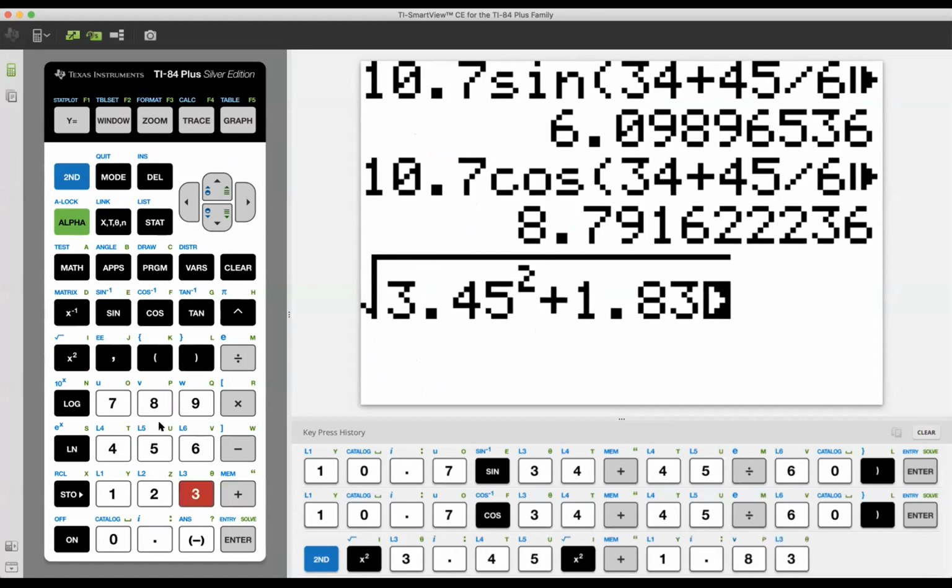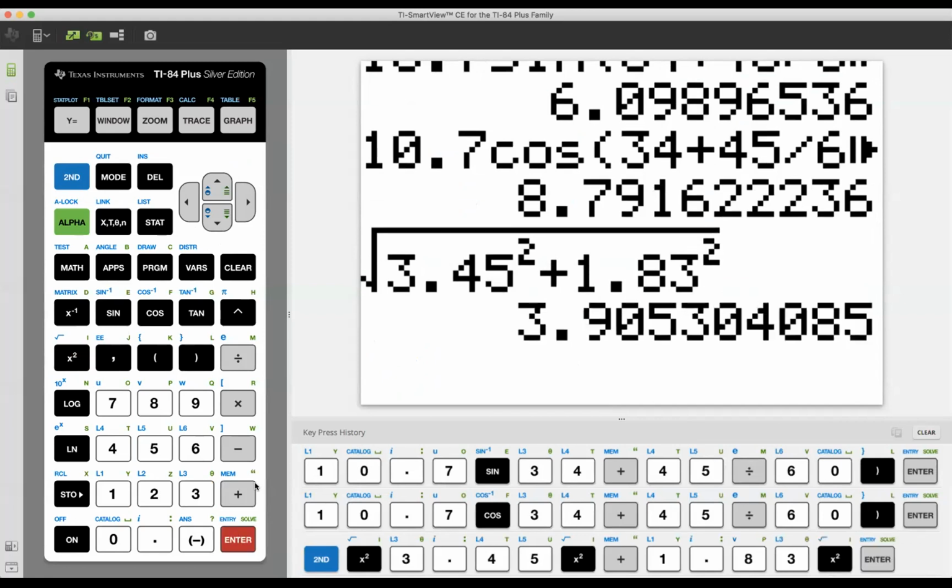So notice I'm trying to do no intermediate rounding. I'm just trying to get it calculated all at once so that I don't have any rounding error. And then this will be 3.91. Okay, there's C. Okay, C is 3.91. Don't use that C to find other stuff. Always stick with the A and the B to get the angles.